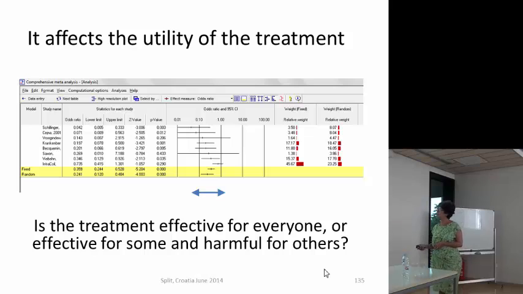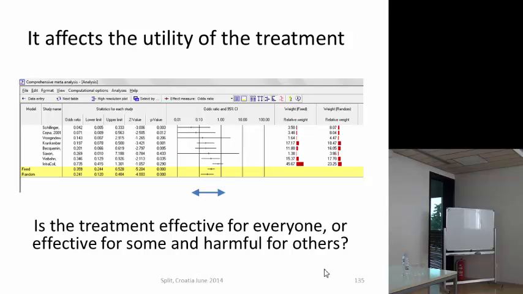Okay. So in this particular study, let's say this is help and this is harm. It looks like it's unlikely, given the means and the confidence intervals, that this treatment is going to harm anybody.